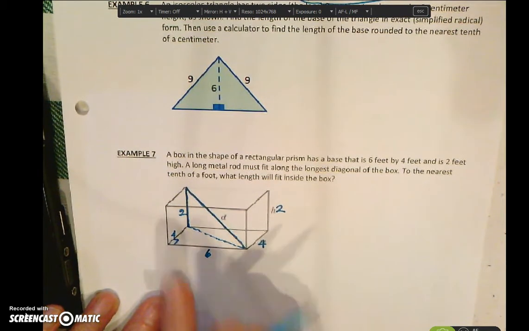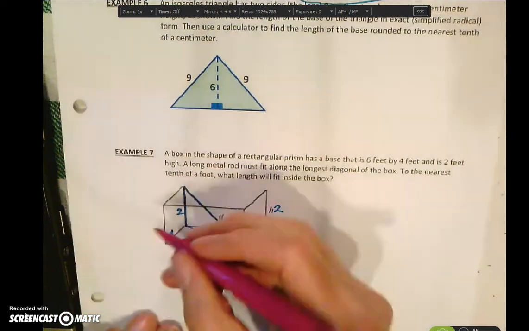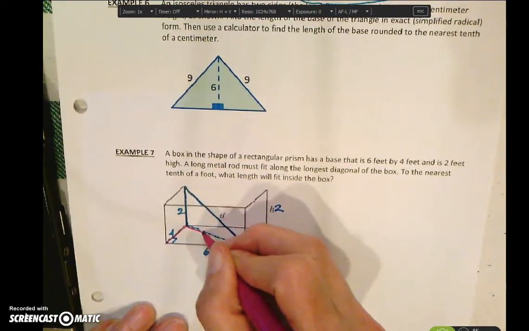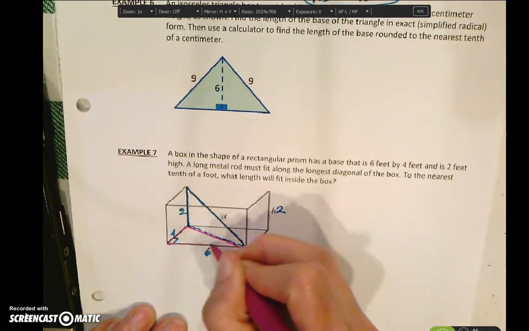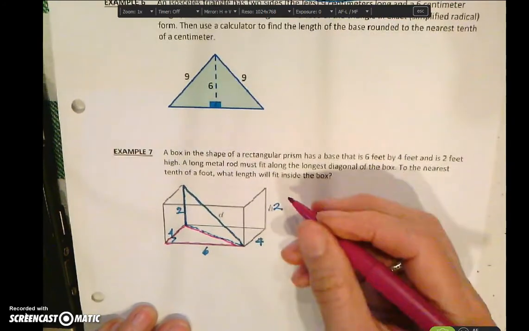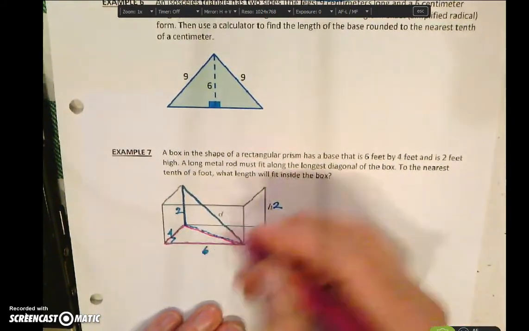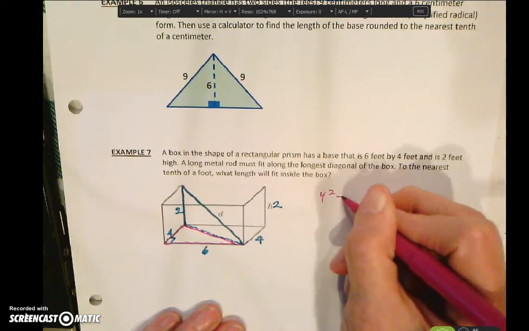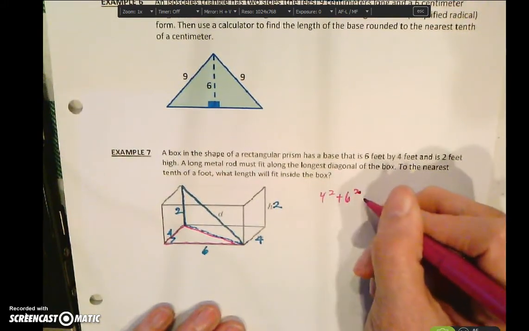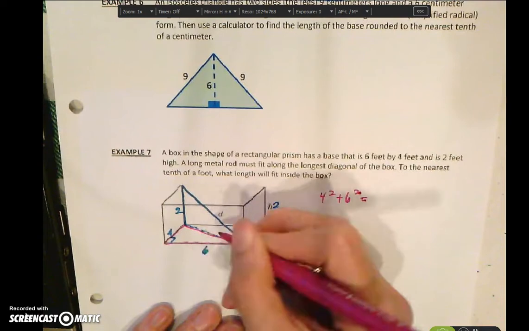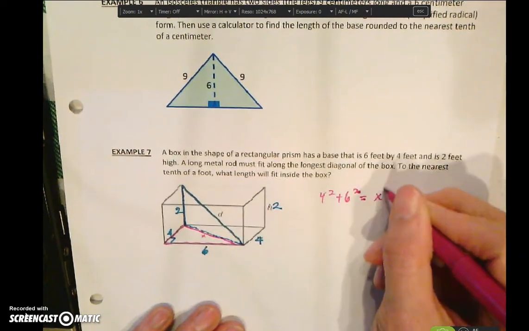I'm going to start off here with this one, and do this triangle first. So I'm going to have 2 legs. I have 4 squared plus 6 squared is equal to, I'll call this x squared.